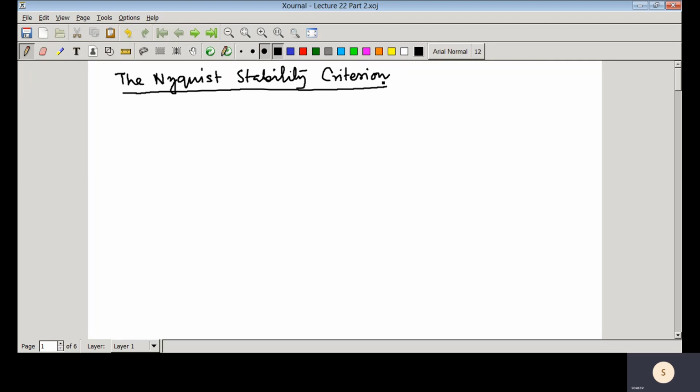So the difference with the Routh-Hurwitz criterion is that Routh-Hurwitz tells us about absolute stability, that means whether the system is stable or not. But the Nyquist stability criterion tells us whether it is stable or not, as well as how much stable it is.